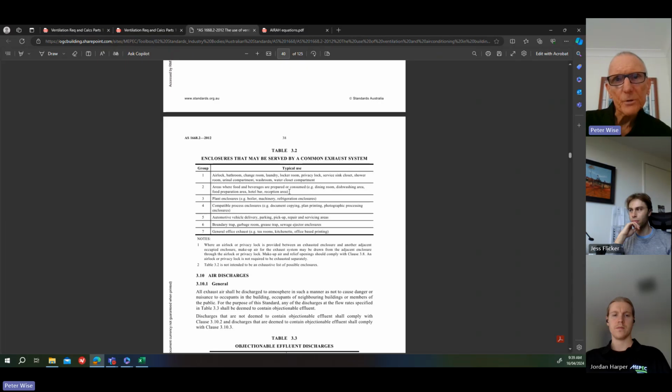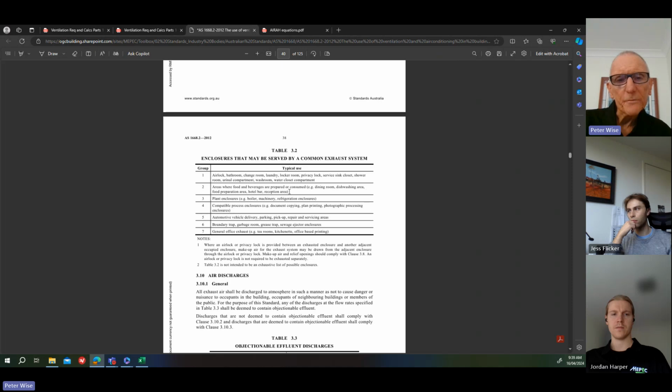You've got a kitchen hood over the cooking areas, and you'd have a dishwasher normally, which would have a hood over it, required to take away the steam. They're normally combined. Sometimes they might be a separate system if it's convenient, but most commonly they would be combined into one system.